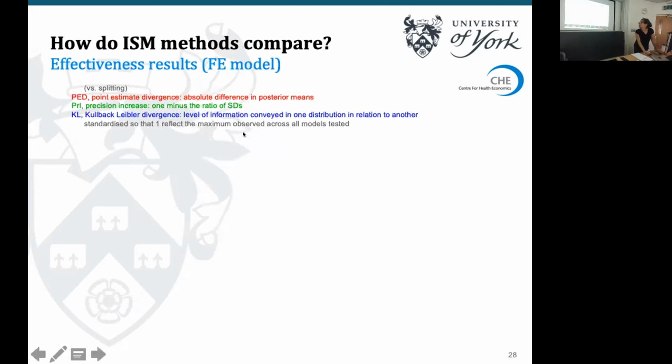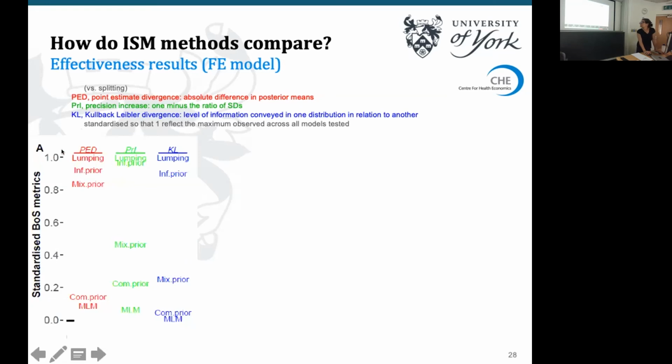Here in red is the point estimate divergence, the absolute difference in the posterior means between the model of interest and splitting. In green, the precision increase, which is 1 minus the ratio of standard deviations. And in blue, the Kullback-Leibler divergence, which is the level of information conveyed in one distribution in relation to another. It's an information theory grounded metric.